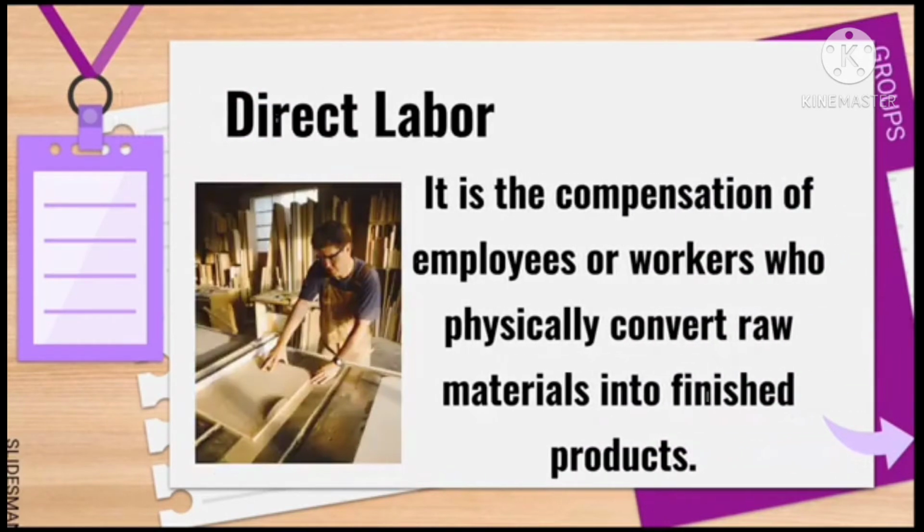Next is direct labor. It represents labor which works directly on the product. It refers to the salaries and wages paid to workers that can be directly attributed to specific products or services. Sila yung mga machine operators or sa mga furnitures naman sila yung nag-assemble ng furnitures.